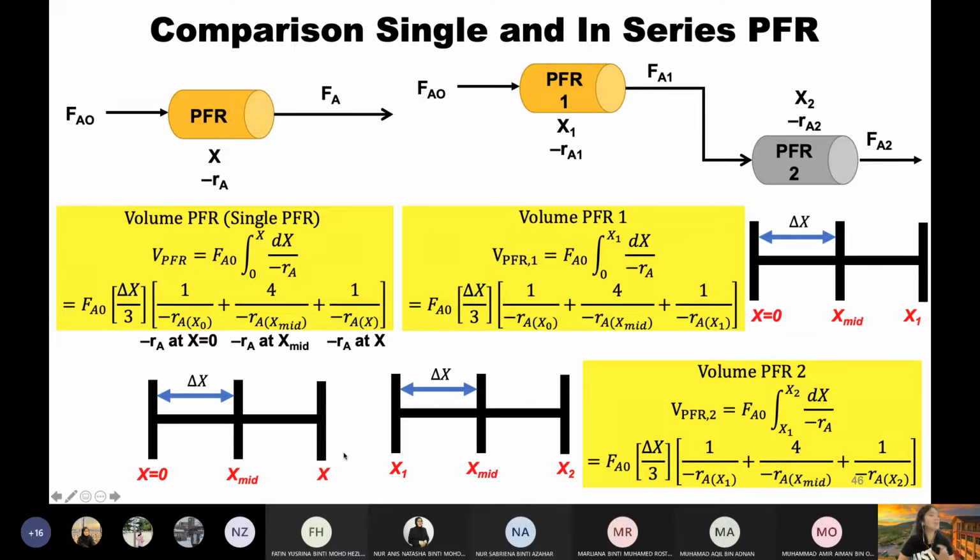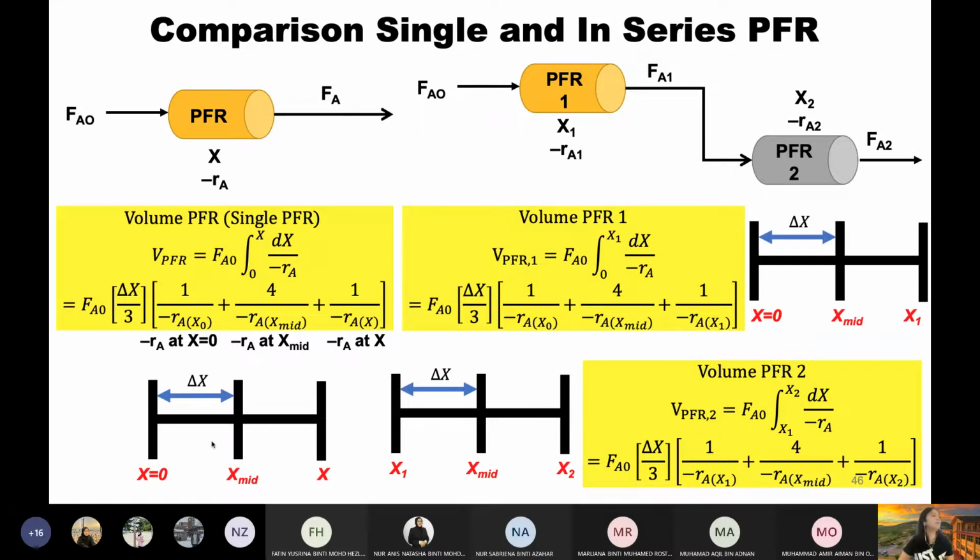Okay, apa maksudnya middle conversion? You will divide the 3 points, right? So your first point is 0. Your last point is your final conversion. So the middle point is the middle conversion between 0 and your final conversion. So let's say your conversion is 80%, 0.8. So 0 to 0.8, your middle X will be 0.4.